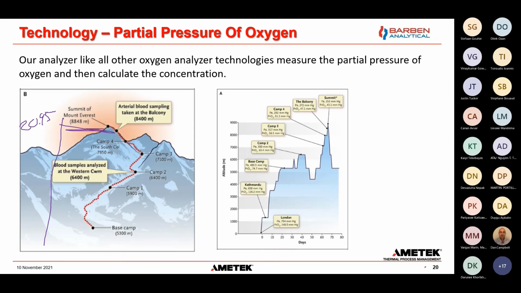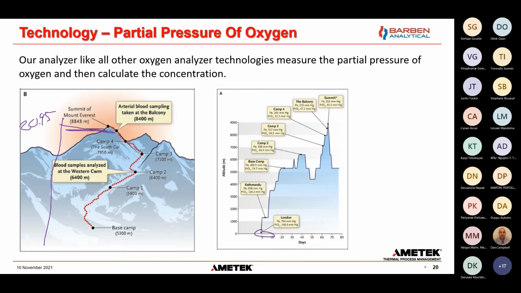The concentration doesn't change. But what does change is the pressure. Down at sea level, in the case of London, it's published at 754 millimeters of mercury. At the summit of Everest it is 253.